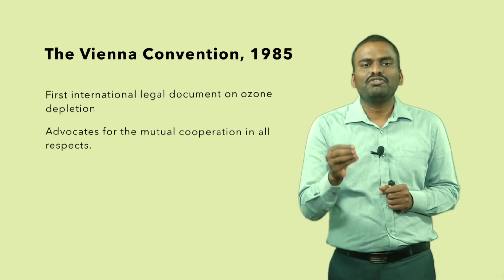Though the convention highlights all the problems, it does not provide any comprehensive solution, because one can understand the limitation of a framework convention. Though there is a mention of the utilization of ozone depleting substances and reducing the use of ozone depleting substances at the domestic level.